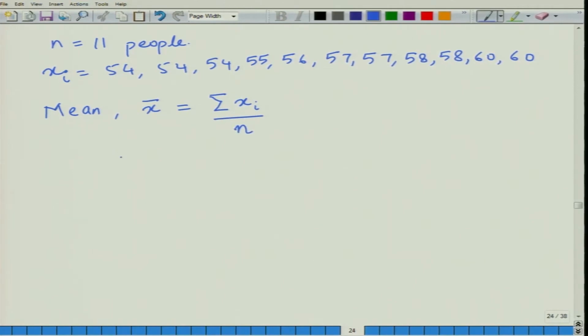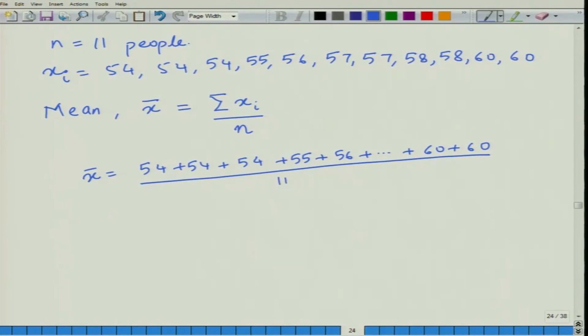In this case, x bar would be 54 plus 54 plus 54 plus 55 plus 56 and so on till the last two values, divided by 11, which comes out to be 623 by 11 equal to 56.64 years. So, this is the average age or the mean age at which an employee opts for retirement through the VRS.